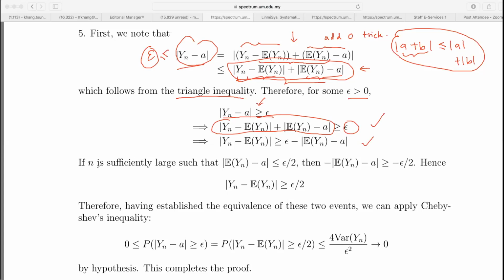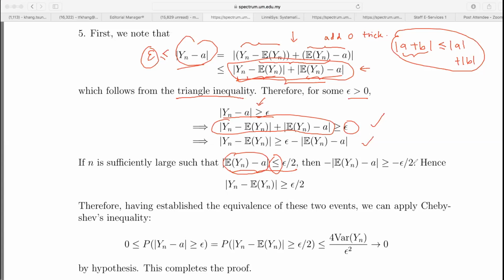Then, if n is sufficiently large, such that this is less than epsilon over 2. So let's consider the case when n is sufficiently large, say n is large enough such that this expectation minus a is bounded by epsilon over 2. Equivalently, when you put a negative sign in front, it will flip this inequality sign.